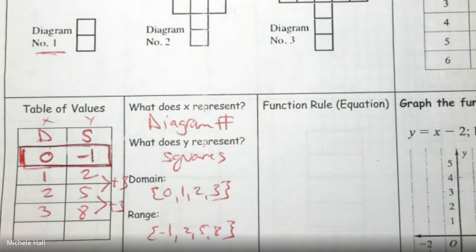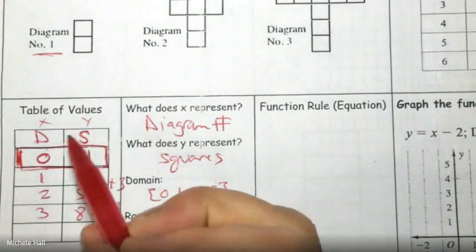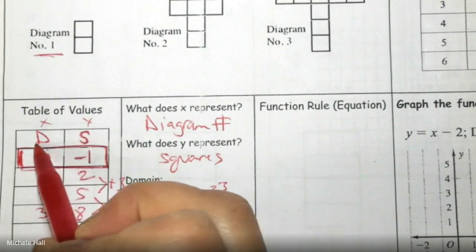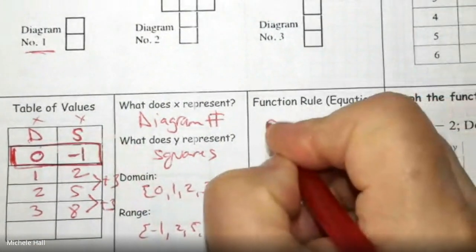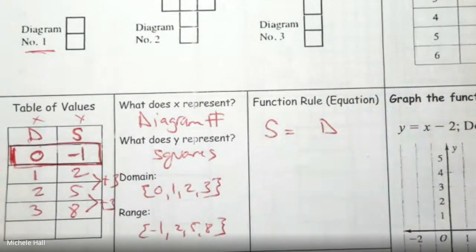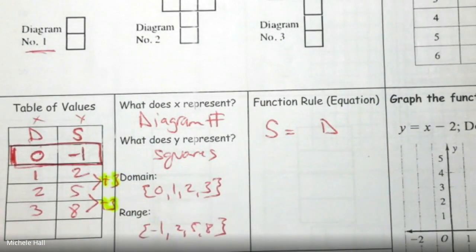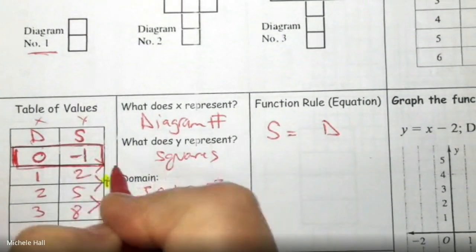All right, writing the function rule. I know that it's supposed to be y equals something of x. So squares is dependent upon diagram number. So squares equal something of the diagram number. This number is one of the numbers that go in my function rule.